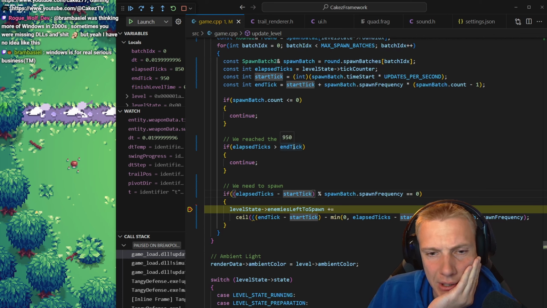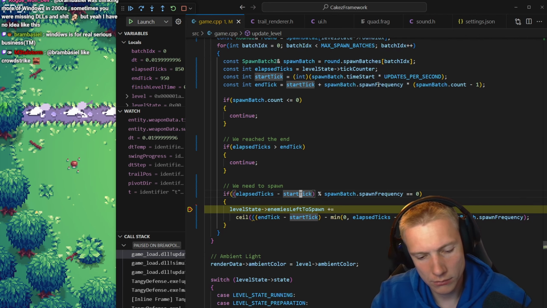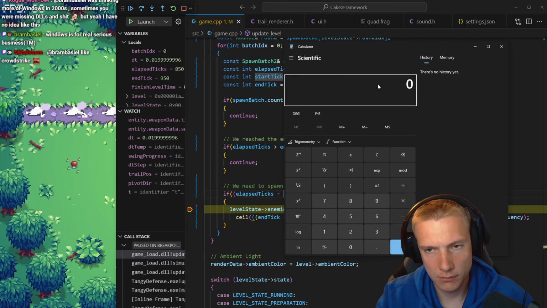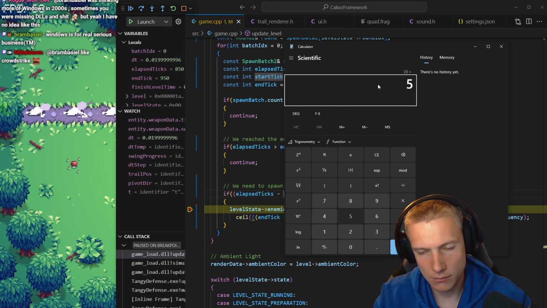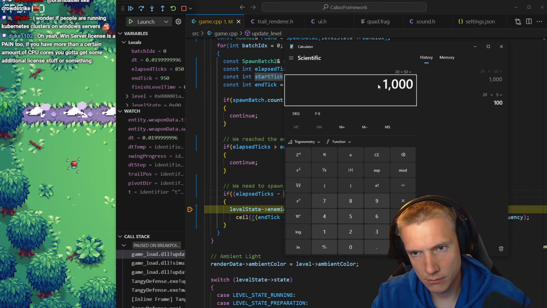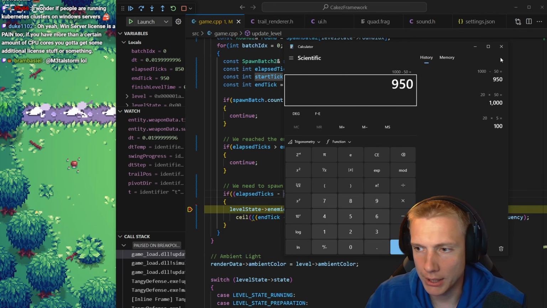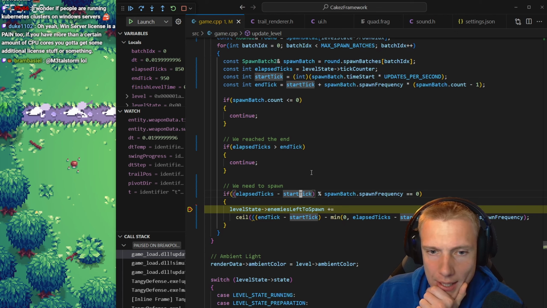But the end tick is 950? We spawn one every second. 20 enemies. Yeah, seems about right. That's the last tick.